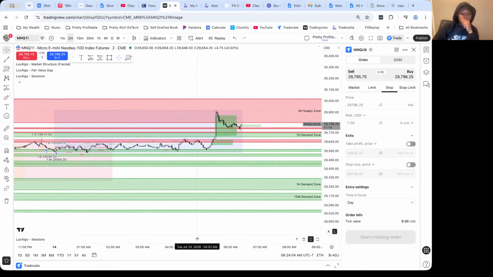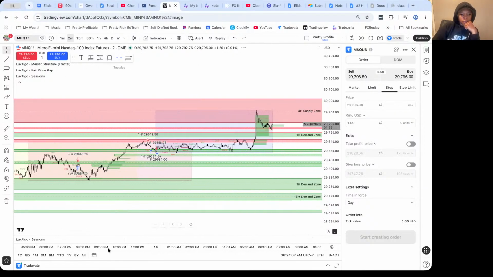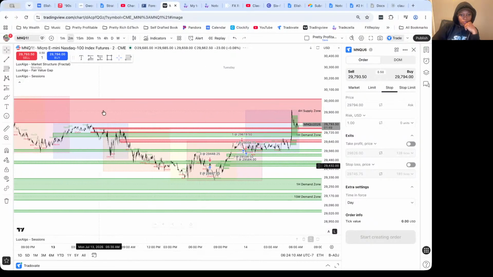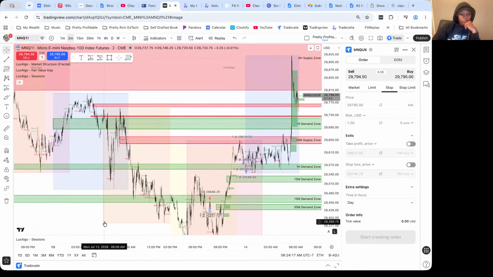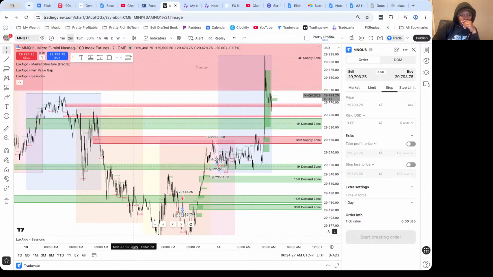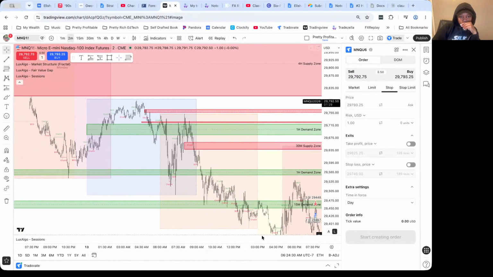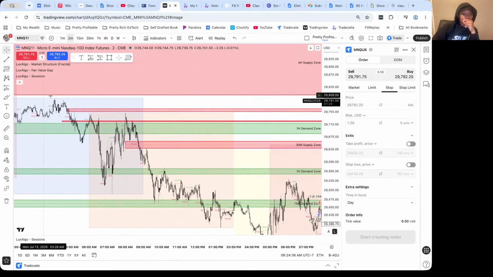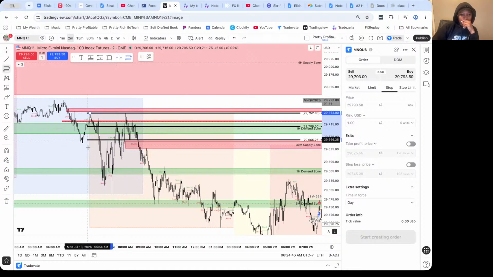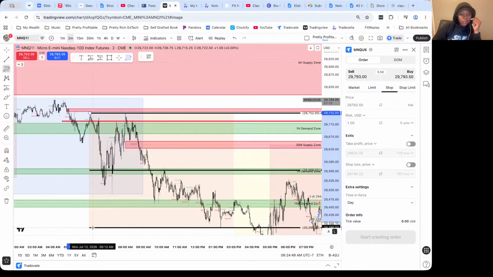Let's see what the London session high and low is. Still marking the London high and low.